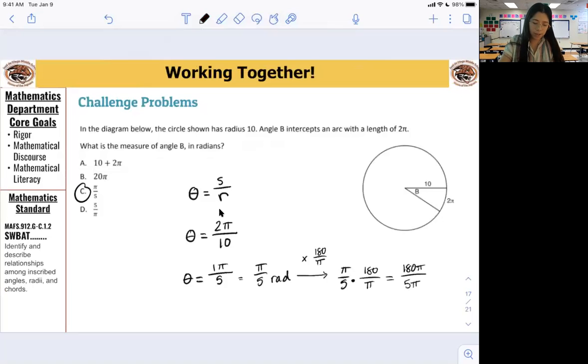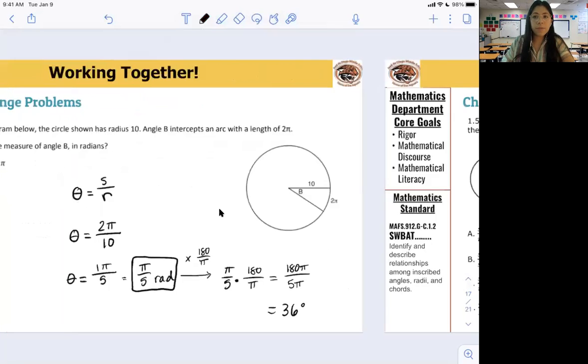My pi's cancel out. What am I left with? What's 180 divided by 5? 36. So it's 36 degrees. So kind of interesting, right? Once you get the radians, you can always turn it into degrees. So that's the relationship, and that kind of covers everything.